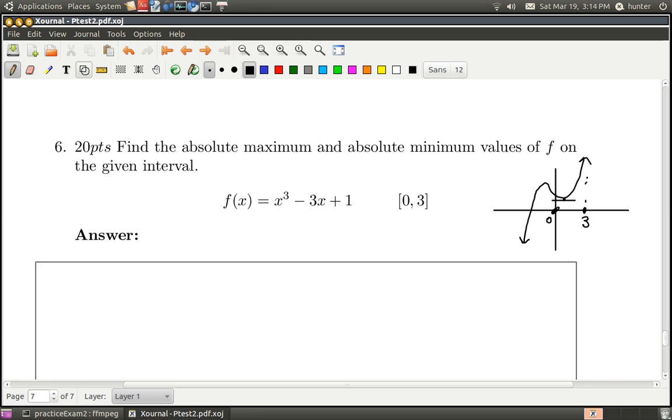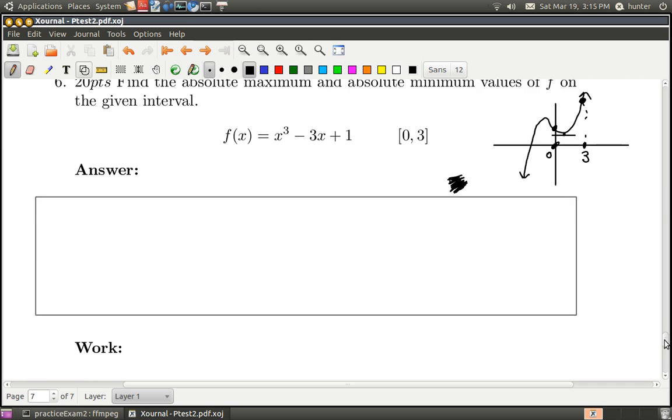And then you also need to check the endpoints, because in this picture it looks like the maximum value happens there. So all you have to do is find the places where the derivative is 0 or does not exist. Those are called the critical points, and check the value of the function at the endpoints. Those are the relevant values, so the absolute max will just be the biggest one of those, and the absolute min will just be the smallest one. So let's get started.